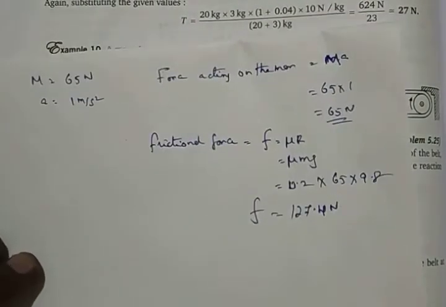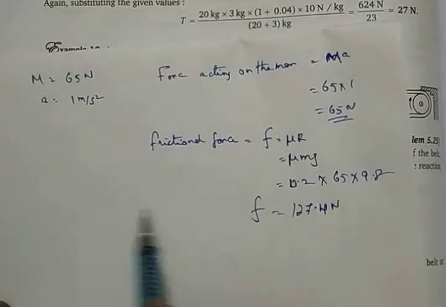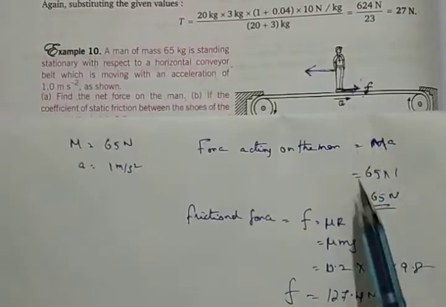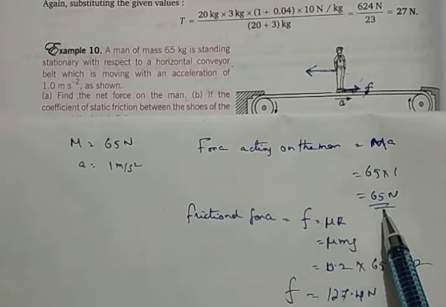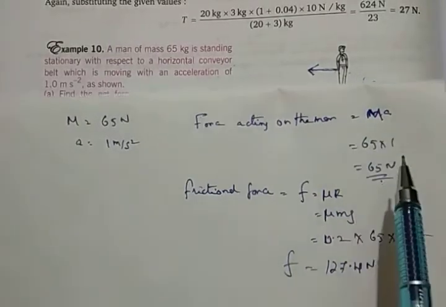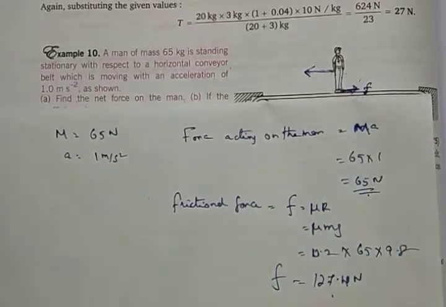So this is the frictional force. He has a very good frictional force. Now when this guy is standing here, the frictional force is so much, 127.4, and the backward force is only 65. Now tell me, will the man fall down or keep standing? According to me, since the frictional force is so high, this guy will keep standing. He will not fall down.